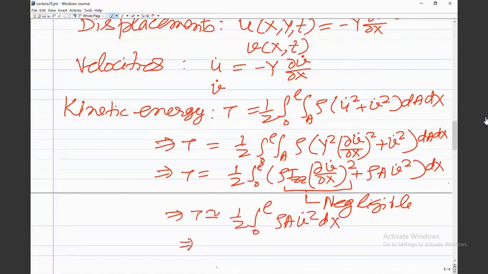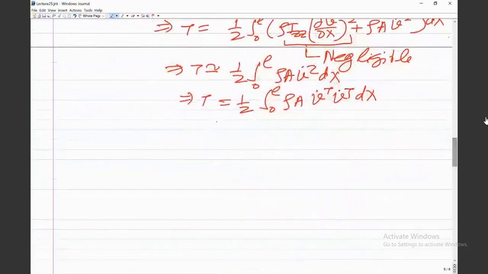And so finally we can write T as half integration 0 to L rho A, and for substituting v in terms of the interpolation matrix and vector of elemental degrees of freedom, we write it as v dot transpose into v dot dx. So now if you look at the interpolation, I am directly writing this assuming that you would have done the Euler-Bernoulli beam element.